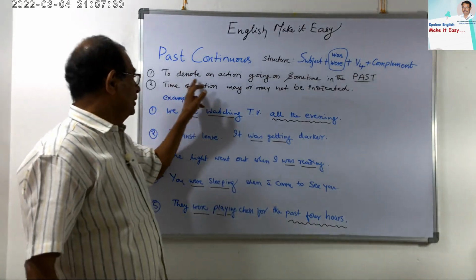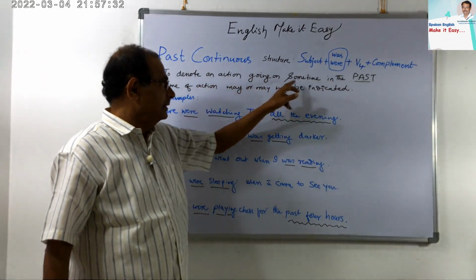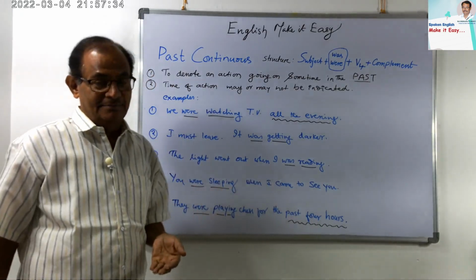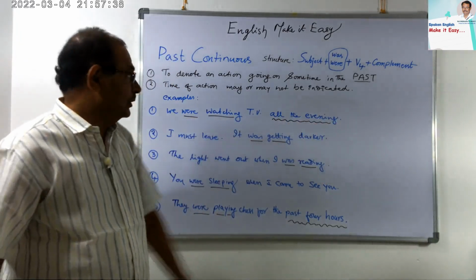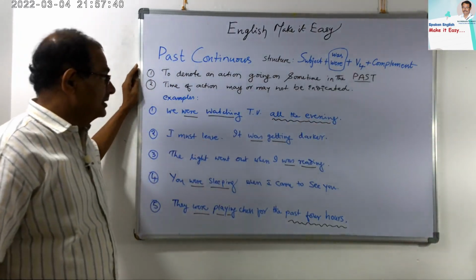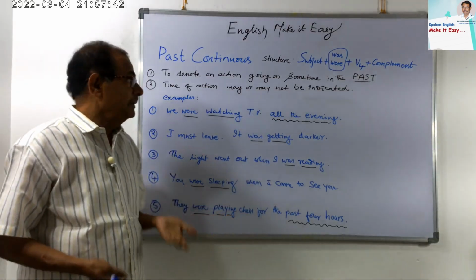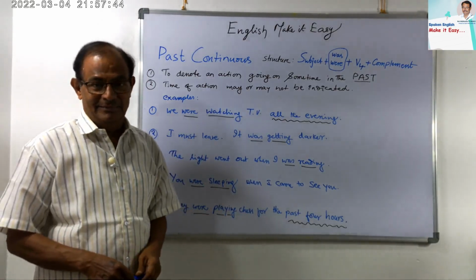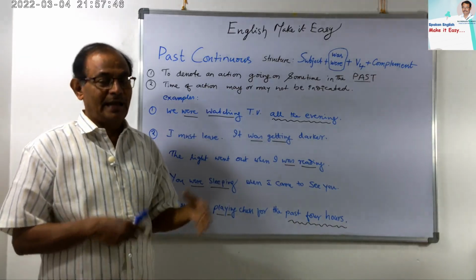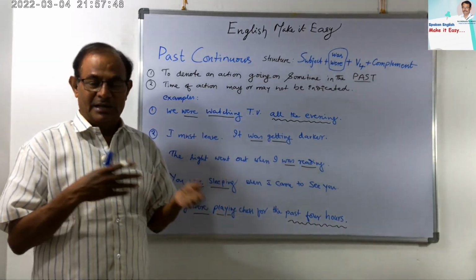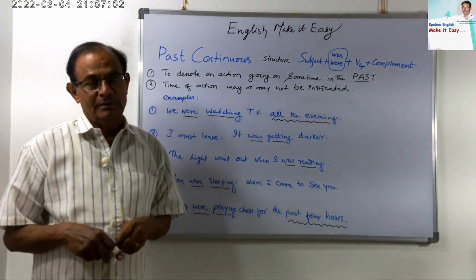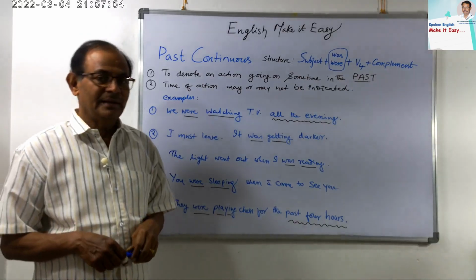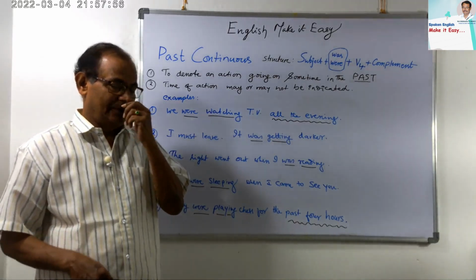So to denote an action going on sometime in the past, I underline the word past. Next, the time of the action may or may not be indicated. Time is not that important, only the action is important here. If you want, you can mention the time; if you don't want, you don't need to. So a time clause is not required here.